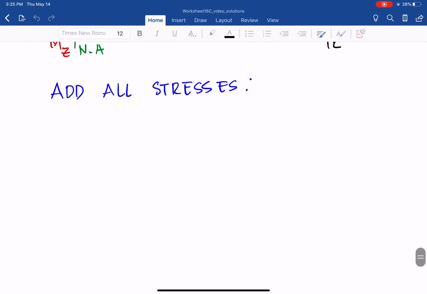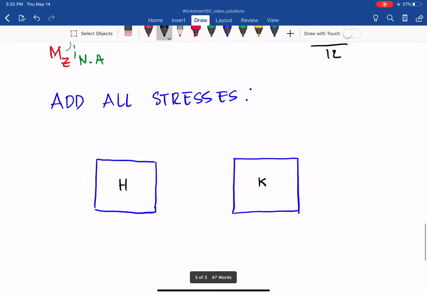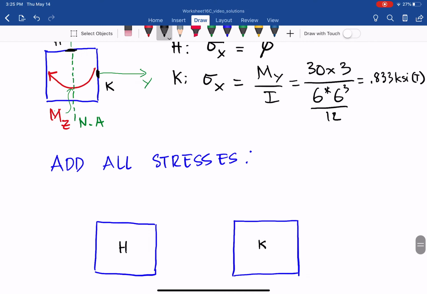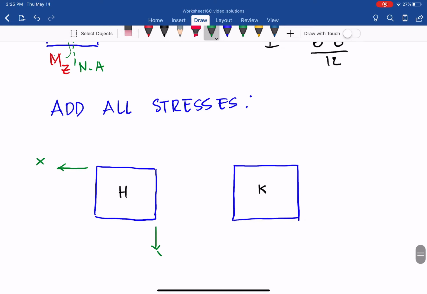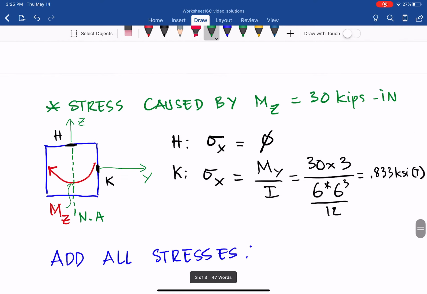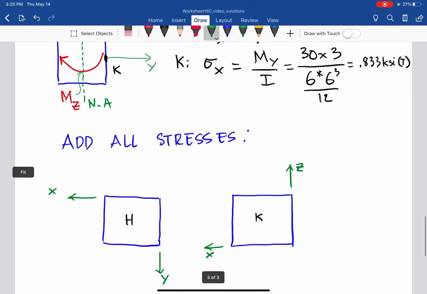So block H. And for the direction, X, Y, positive X, positive Y, and the other one is XZ, X and Z. Then we just add them.